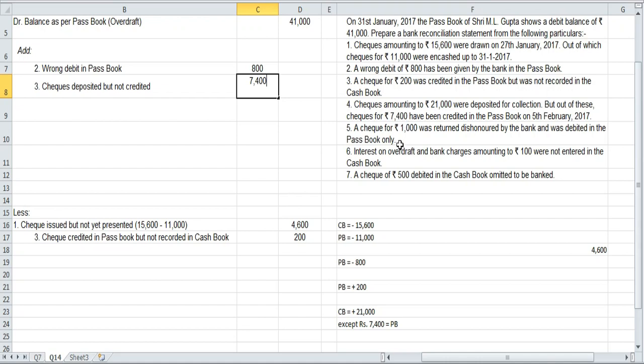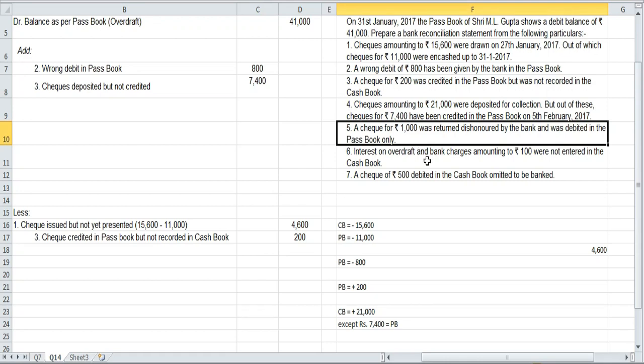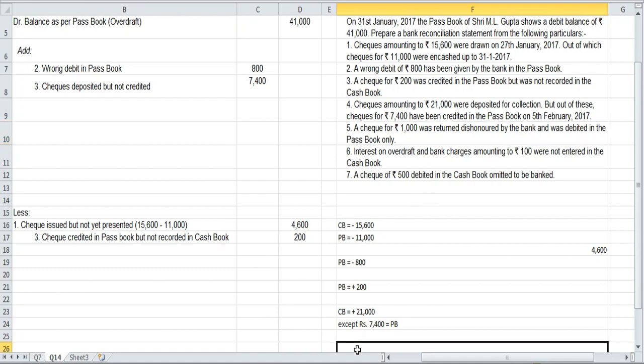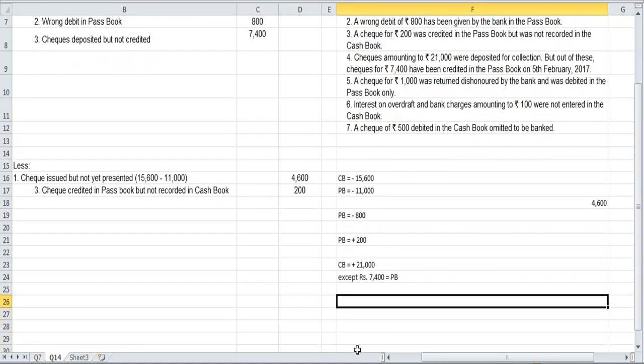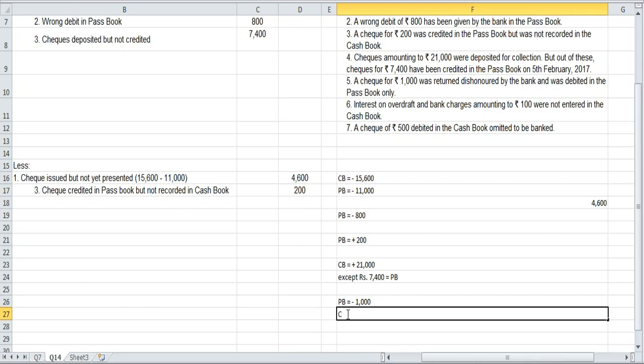Okay, now number 5. A check for 1,000 was returned dishonored by bank and was debited in the passbook only. So in your passbook they have dishonored it, so they have returned the check, and they have recorded it only in the passbook. In the cash book you have not recorded that the check is dishonored.